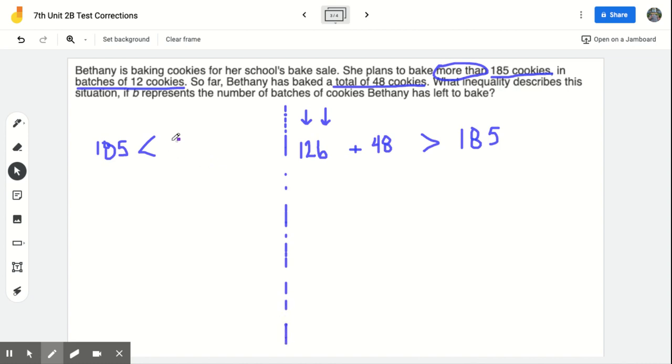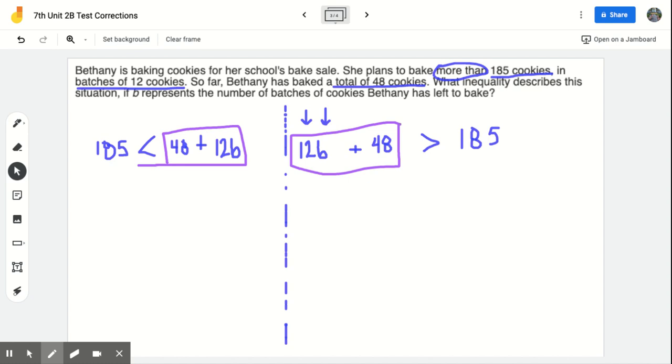You still have the 48 plus 12B, but it'll be on this side of the inequality. Notice that the greater number is still here on this side because she needs to have more than 185 cookies. You don't have to solve this one. You just had to pick the correct inequality for it.